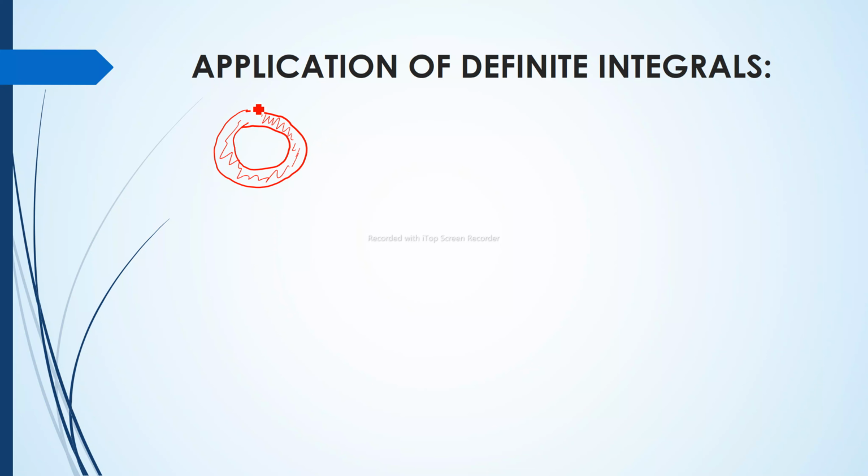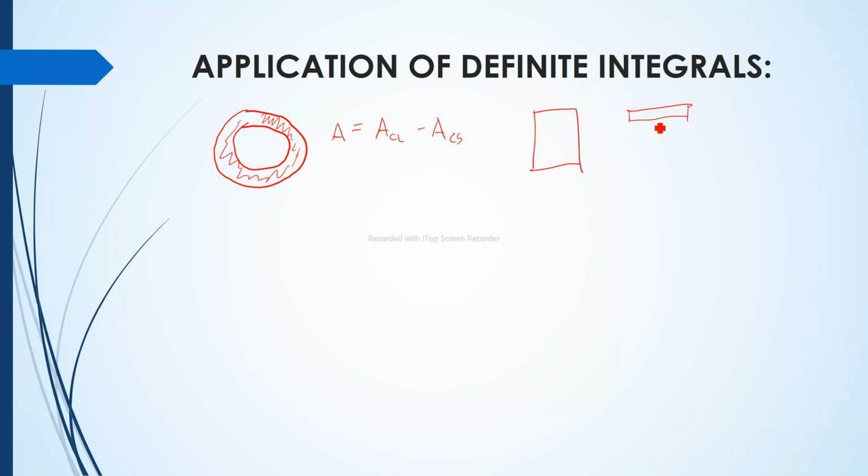We just subtract the area of the larger circle minus the area of the smaller circle. Or let's say we have a rectangle or even flanges.